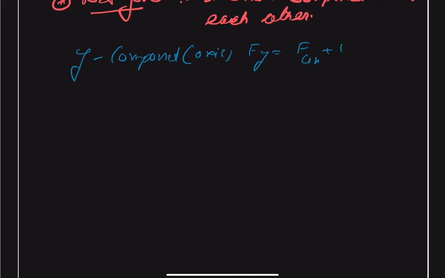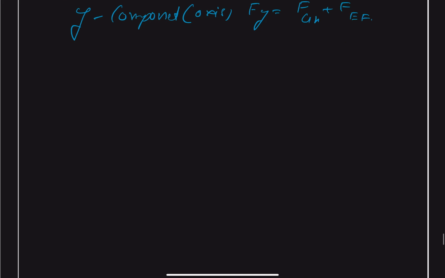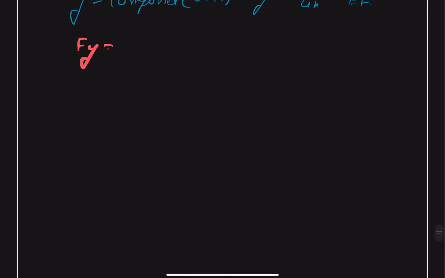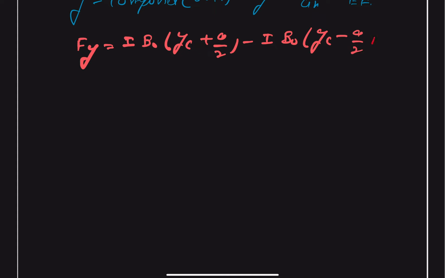Fgh plus Fef. We simply add them, we get Fy will be equal to I B naught (Yc plus A by 2) minus I B naught (Yc minus A by 2).